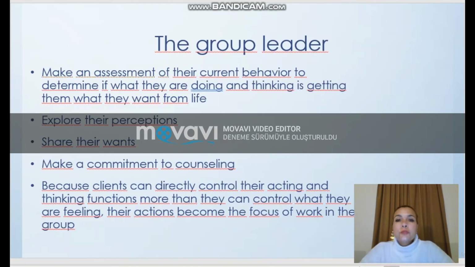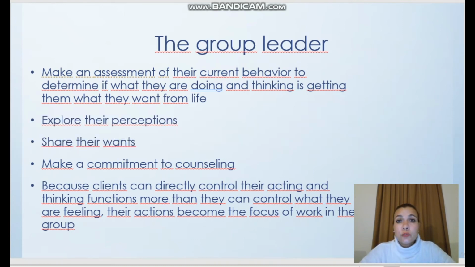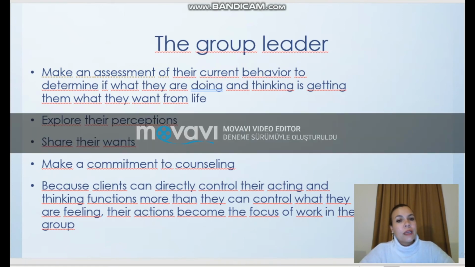Okay, the group leader with the reality therapy approach makes an assessment of group members' current behavior to determine if what they are doing and thinking is getting them what they want from life. So the group leader first explores the perceptions of the group members.